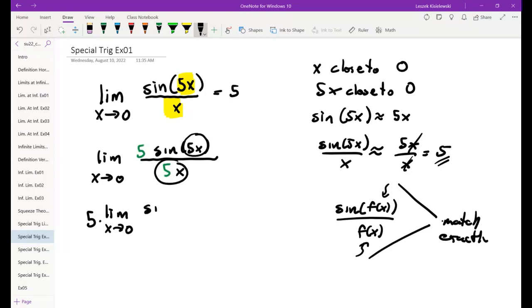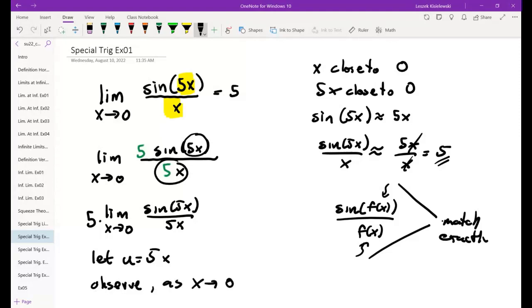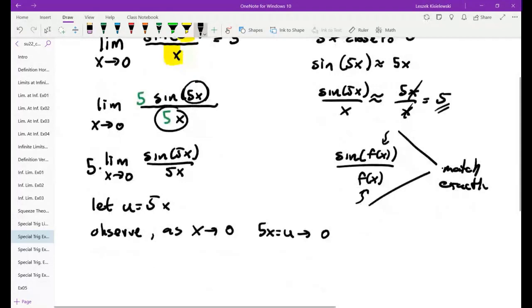5 times. And now you can use the special trig limit, but maybe more formally, we're going to let u equal 5x. Okay. And observe that as x goes to 0, 5 times x, that is to say u, goes to 0 as well.